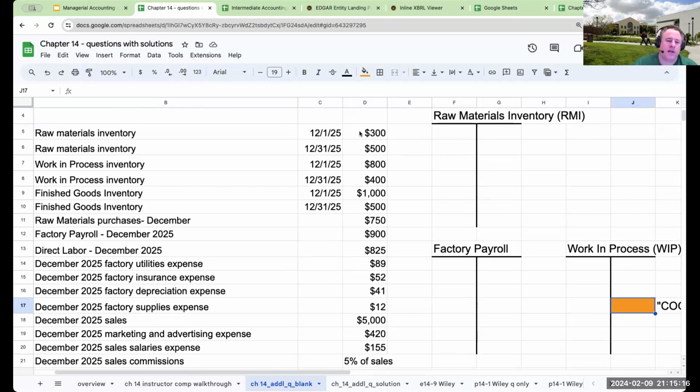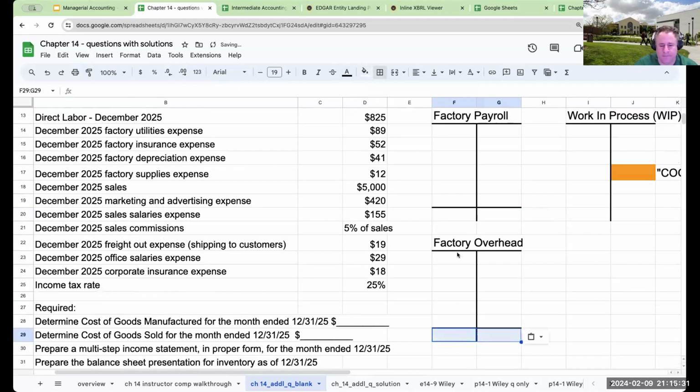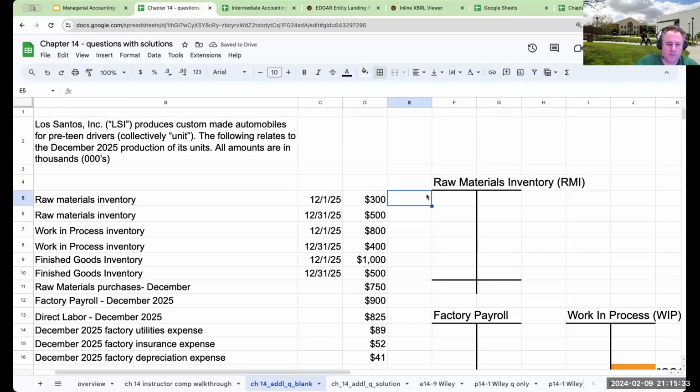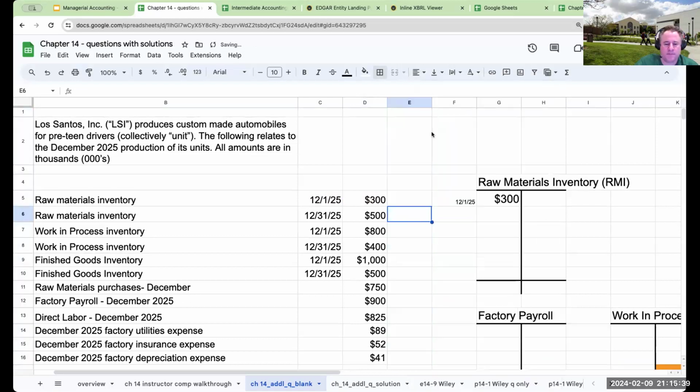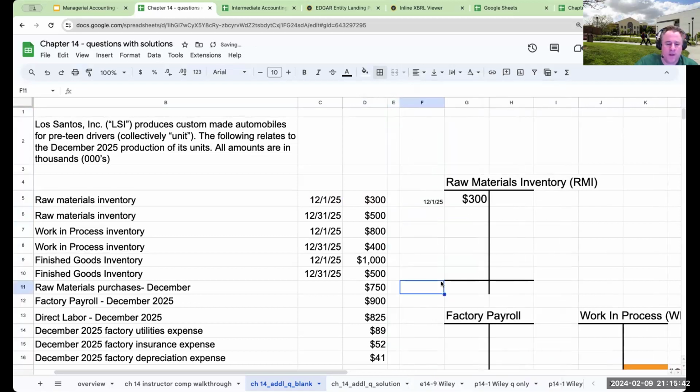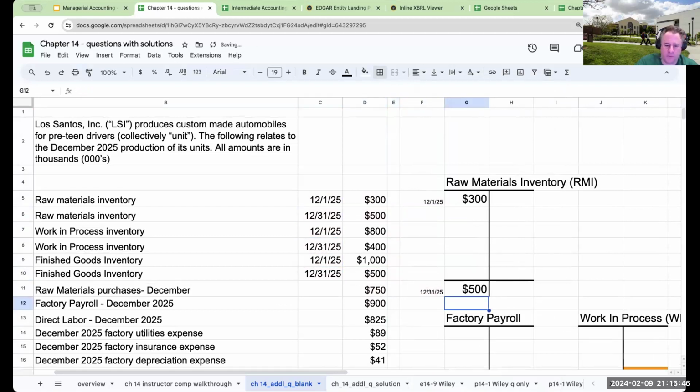So what I'm going to do right now is set up my T accounts. Over here for raw materials, and if you're taking my class, when you get to the exam, these account names will not be here. That's something you're going to need to put in. So right over here, my beginning raw materials is going to be 300, and my ending is going to be 500.